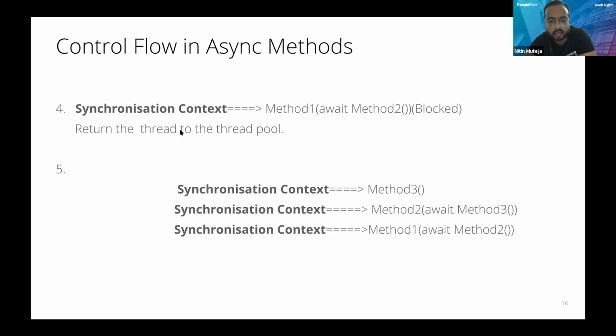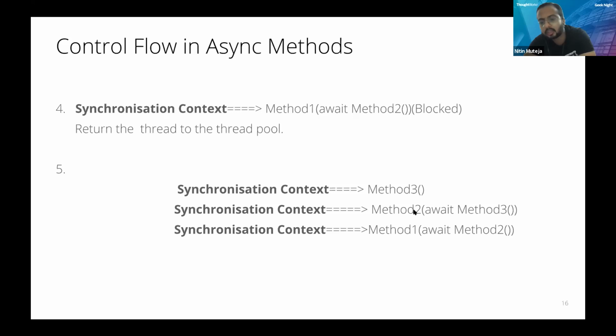Now my synchronization context will go to one of the methods. All these methods got queued in my synchronization context. It would now go to method 3 and get the response from method 3. Once that's available, the next method in the queue would begin execution.